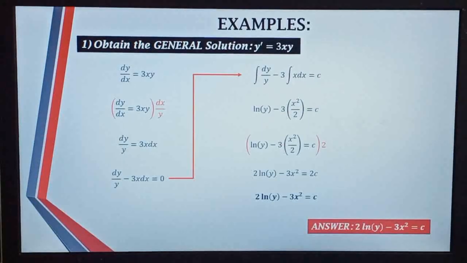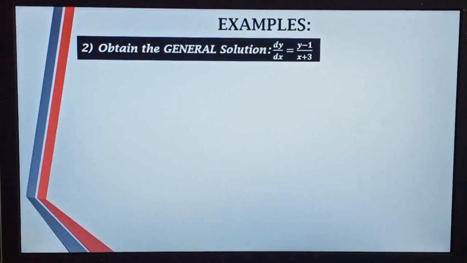Now let's go to example number 2. We have to obtain also the general solution of dy over dx equals y minus 1 all over x plus 3. Since your equation is already in dy over dx, all we have to do is separate x and y.